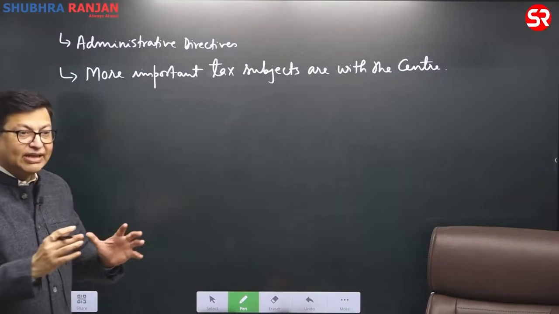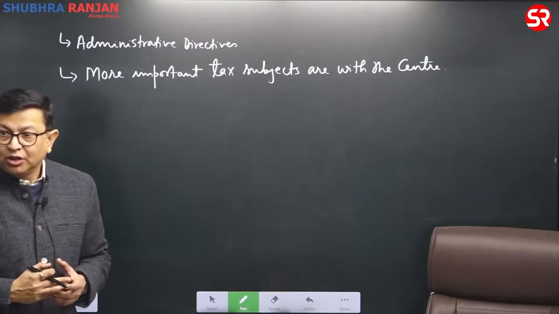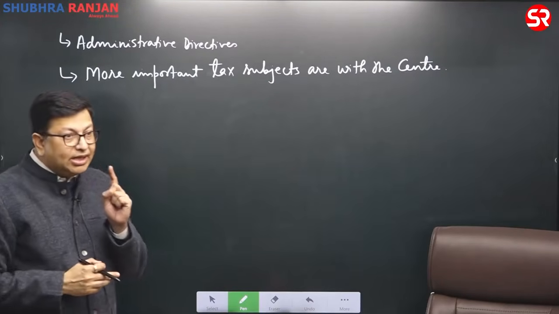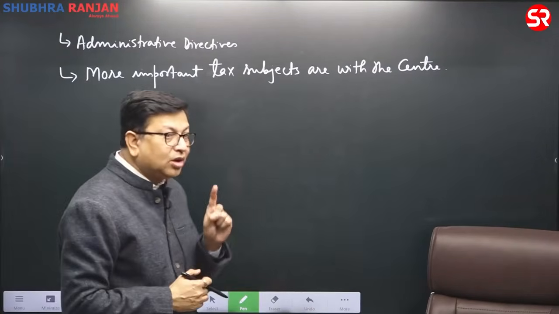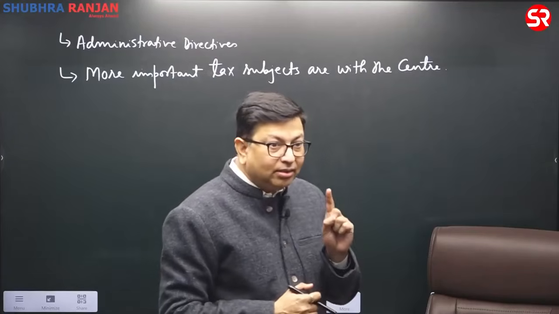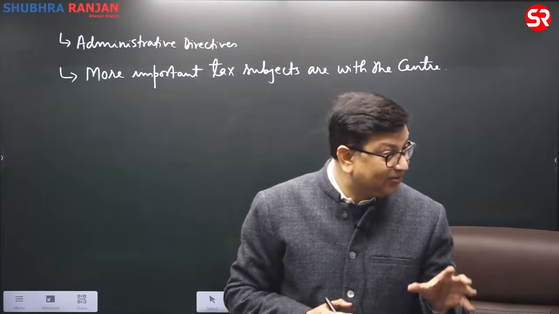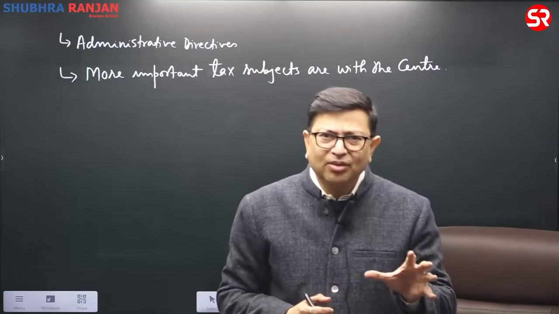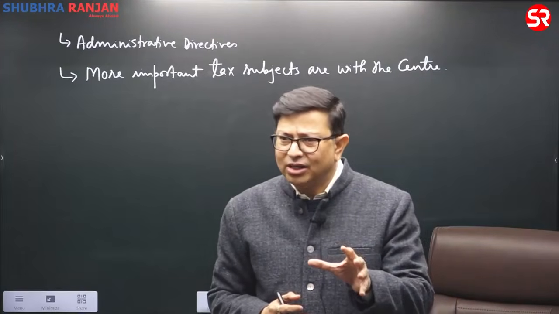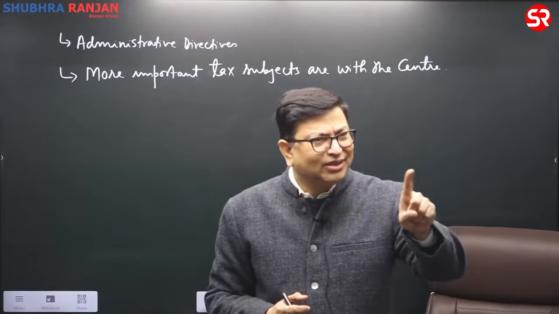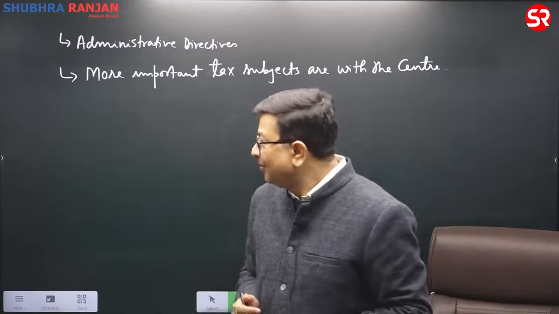So if you analyze the financial relations also, you see the union government has the power to collect and appropriate the more important subjects like the corporate tax, customs duty, and it is not binding on the central government to share it with the states.